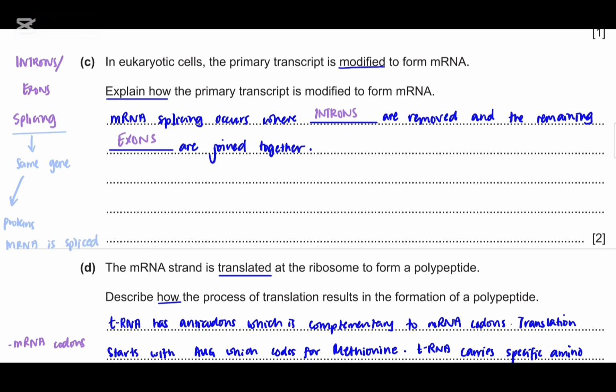Meaning, depending on how the same gene's transcript is processed, we have the same mRNA, but depending on how this mRNA is being spliced, you can actually form different proteins. So that's what makes it very, very interesting.